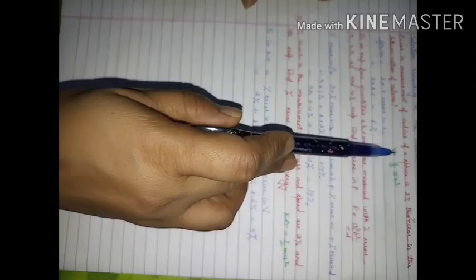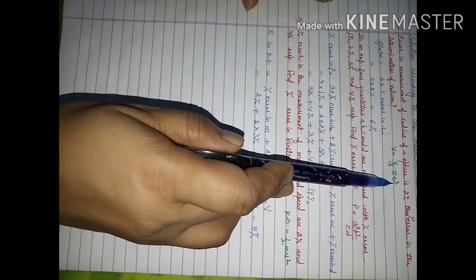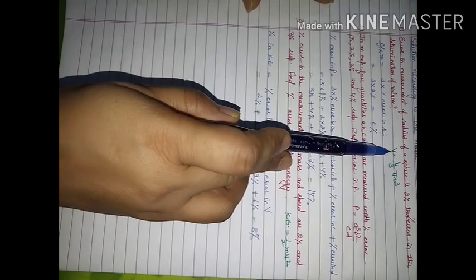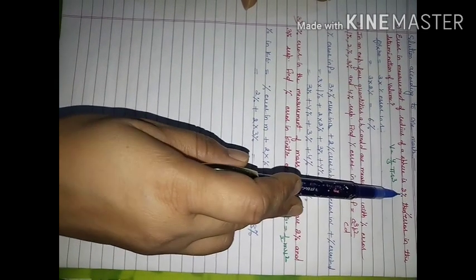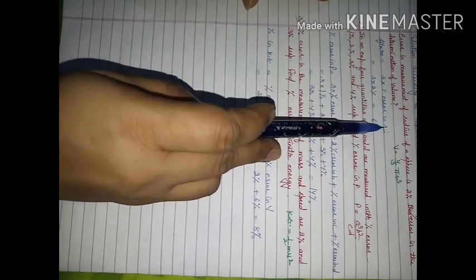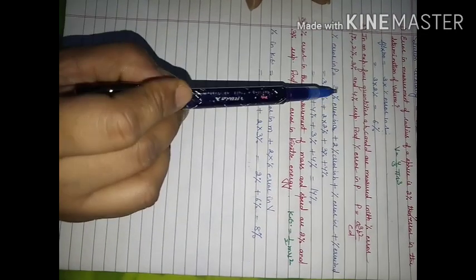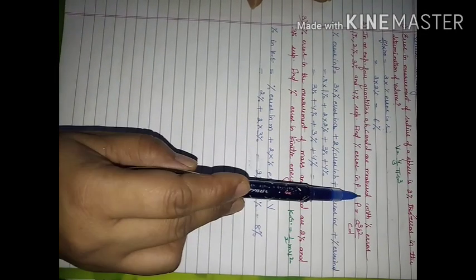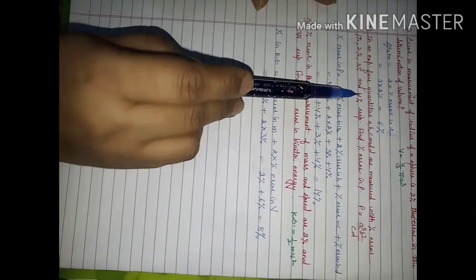This is constant, so the error is only in r. So the percentage error in volume will be whatever its power is multiplied by the error. So it will be 3 multiplied by the error in radius, which comes out to be 6%.